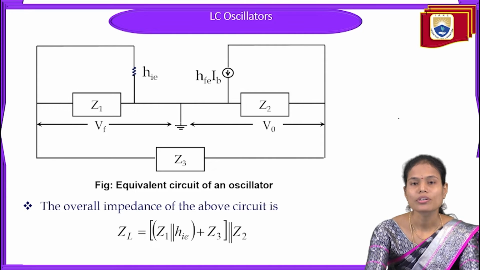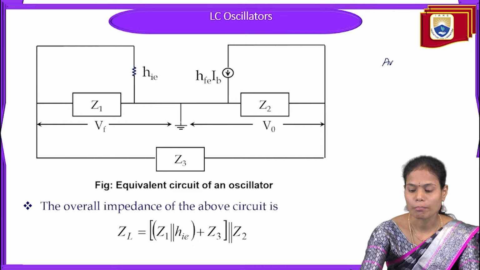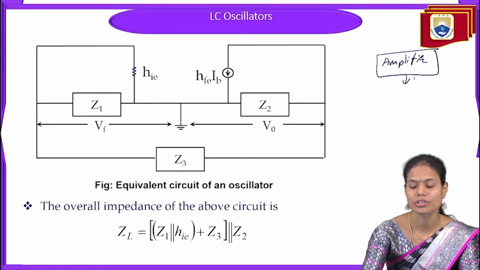Okay. So in order to analyze this particular LC oscillator circuit, I replaced the amplifier circuit with its hybrid model here. That amplifier block I am replacing with the hybrid equivalent circuit.